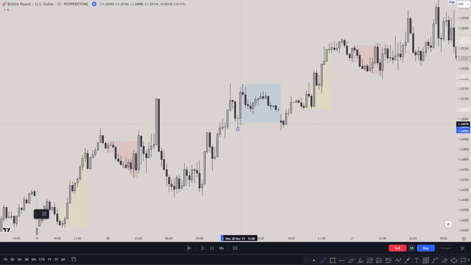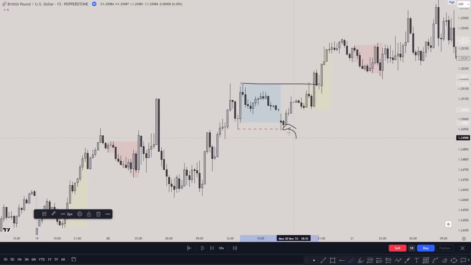Why? Because it's a fractal low. This is not a fractal low. You see how price is sweeping this low, then started to go up. That's more valid than price taking the high of the Asian session. So you see, high of the Asian session taken, price expanding to the upside. The low of the Asian session taken, what happened? Sweep. So that's a big difference here.